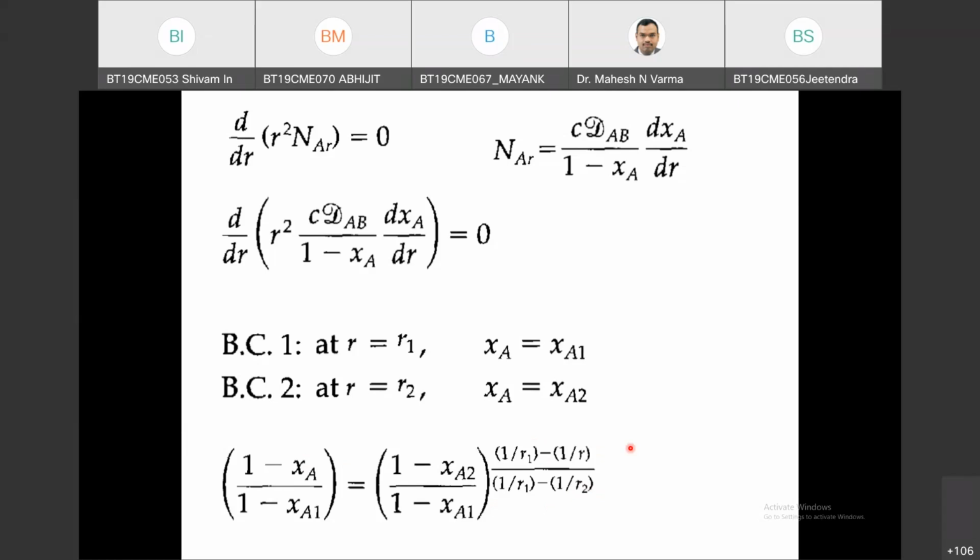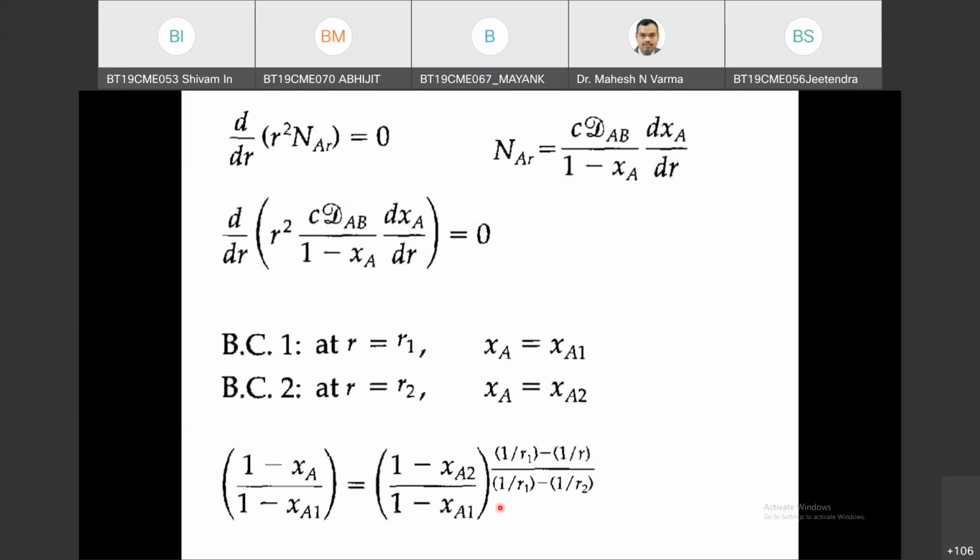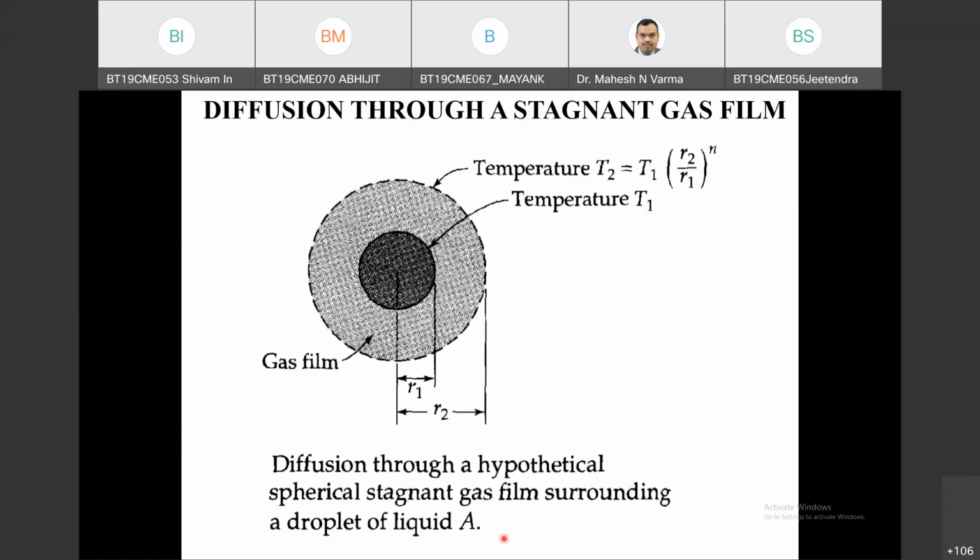That was with constant temperature. So what will be the difference if temperature is not constant? Here I will have temperature T1 and say T2, where T2 is different from T1, and the temperature varies with radius, for example R2 divided by R1 raised to n. Now this is simultaneous heat and mass transfer.